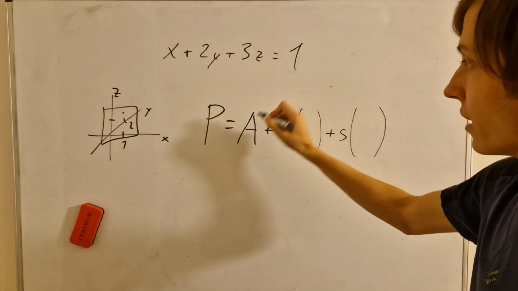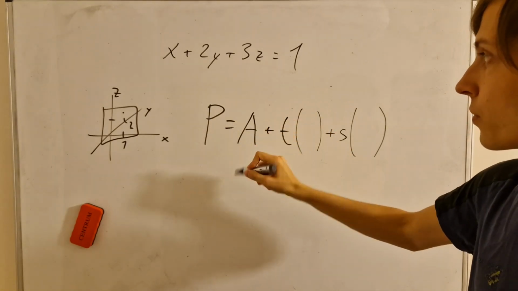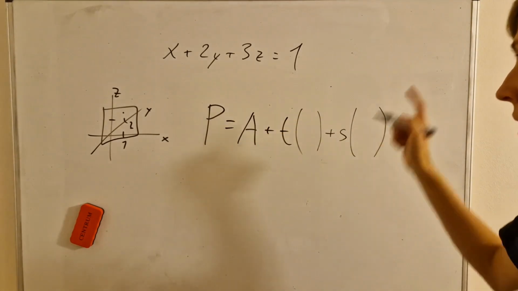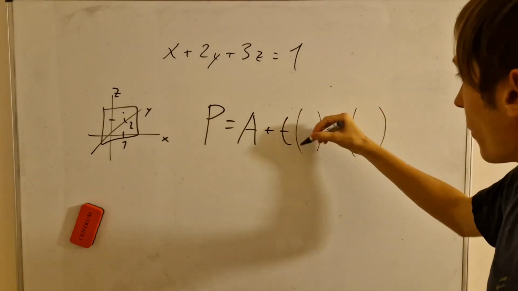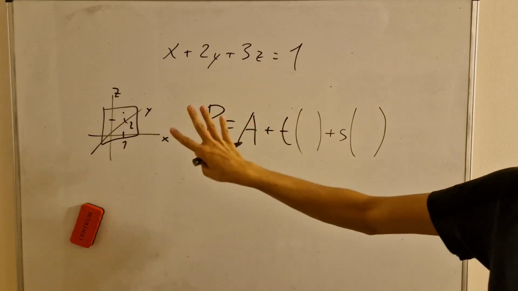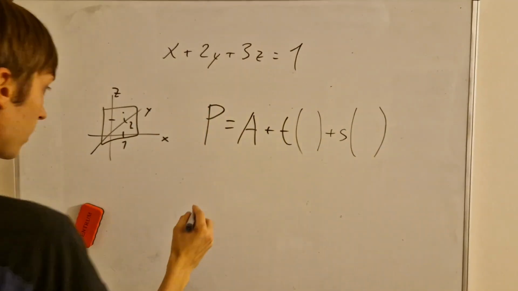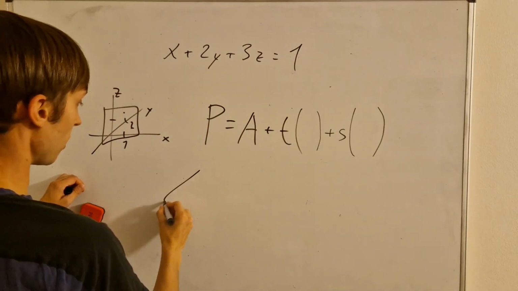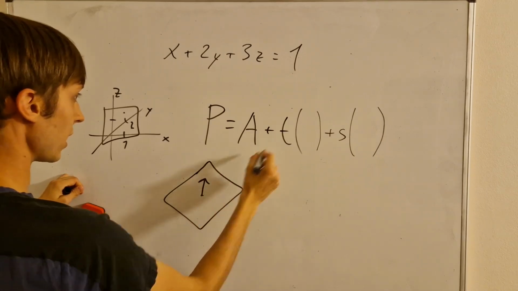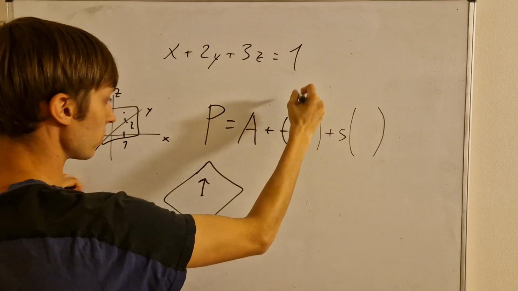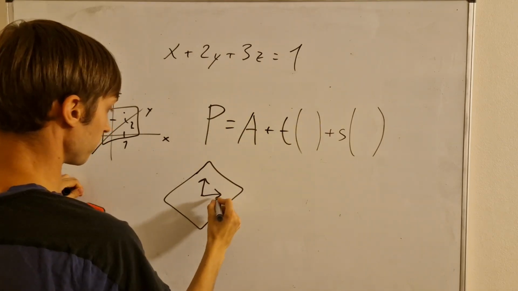So we have a point A that definitely lies on the plane. Then we have one vector and another vector that are both in the plane. If we have the plane somewhere, there's some vector, let's say this one, and another vector.